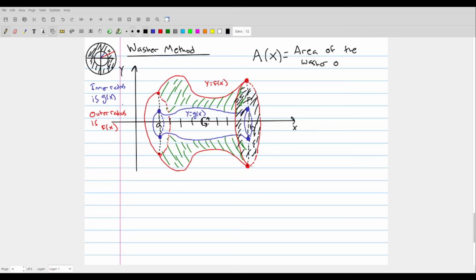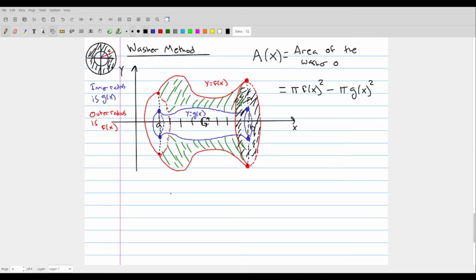So the area of our washer is going to be the area of the outer circle, in this case pi times f of x squared, minus the area of the inner circle, which is pi times g of x squared.